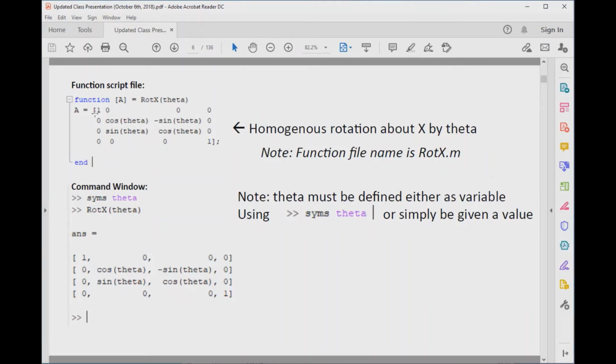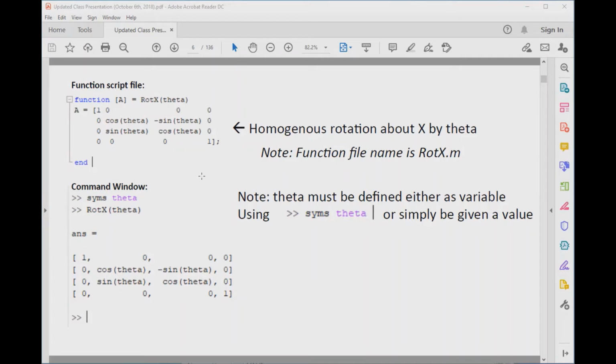In MATLAB, when you define a function, it will be on its own script, and this will be the first line. For example, this is your function. This is a rotation about the x-axis, and now you can call this function whenever you want.